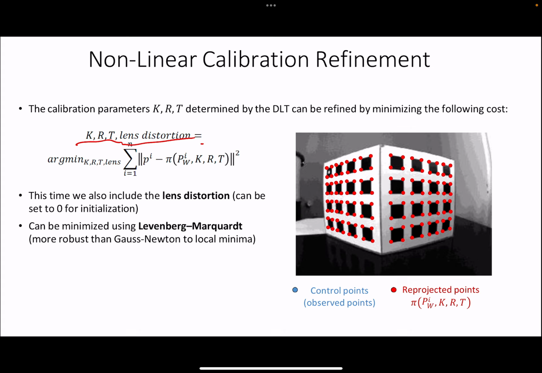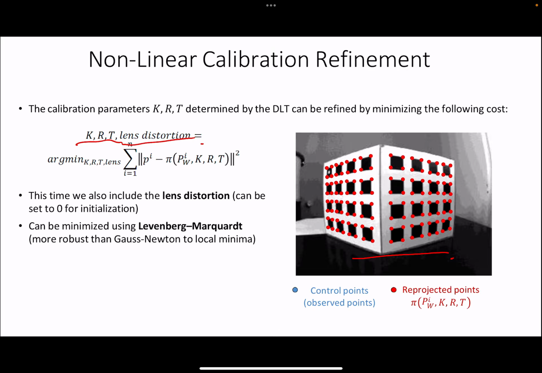So in the second stage, we introduce lens distortion, and we use actual reprojection error to further refine the initial calibration, so that we can get a way better calibration result than the initial Tsai method. This two-stage approach is based on the Tsai approach.